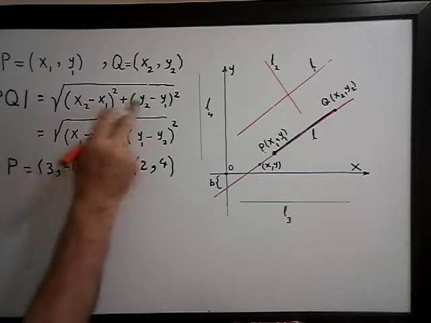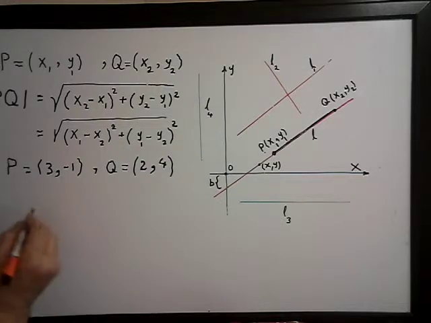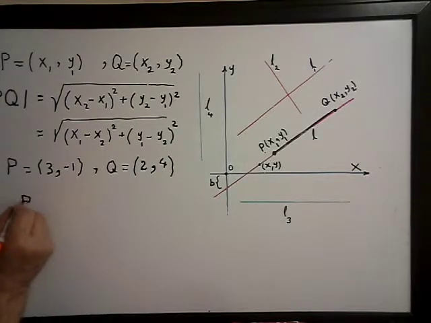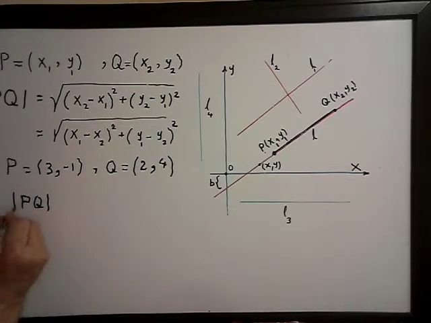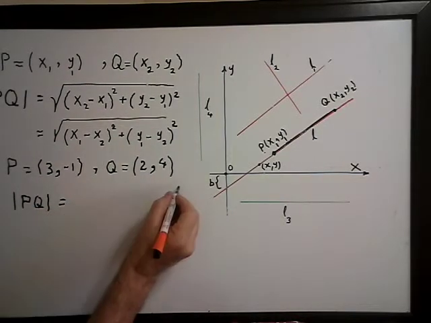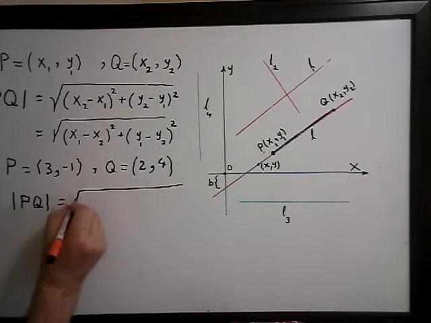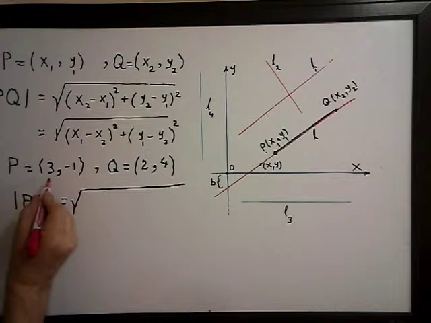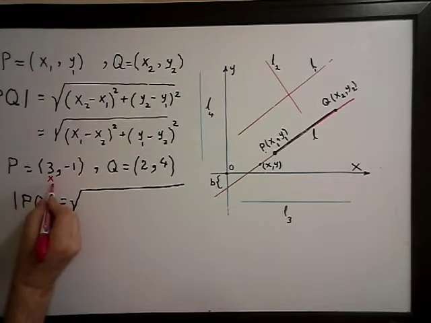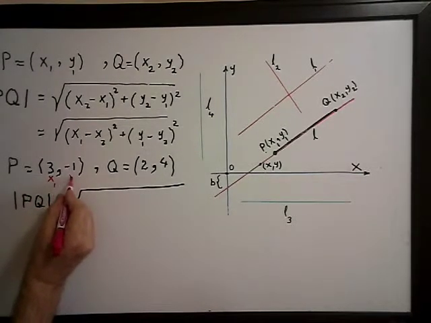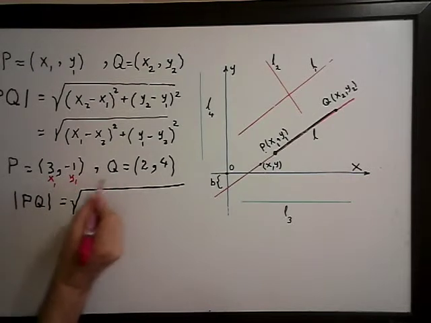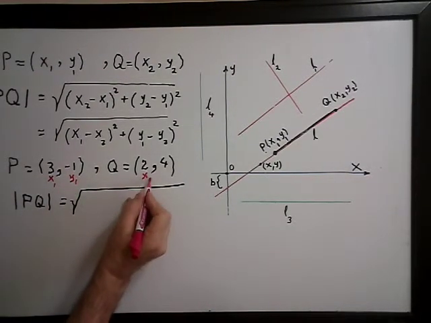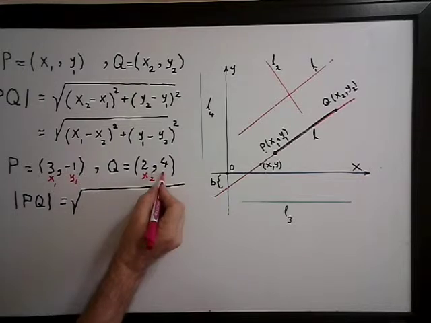Just apply the rule, you can find the distance PQ. Distance PQ is equal to, here as you see, x1, and here is y1. Here is x2 and here is y2.